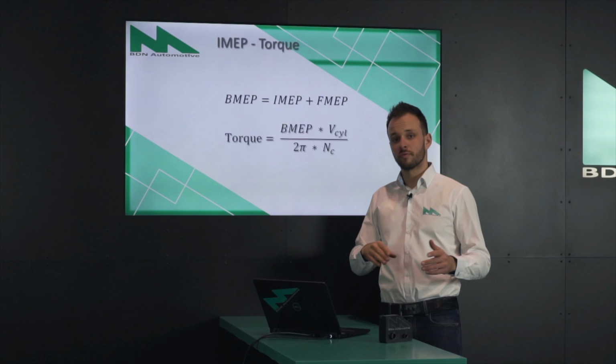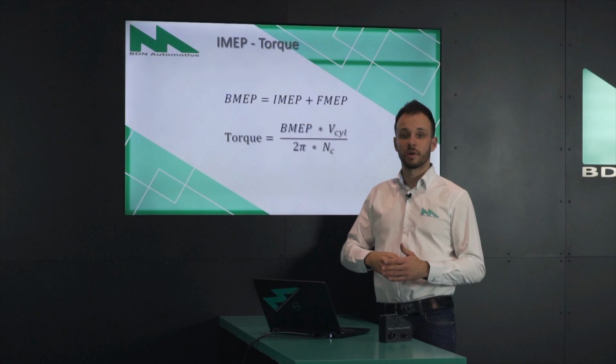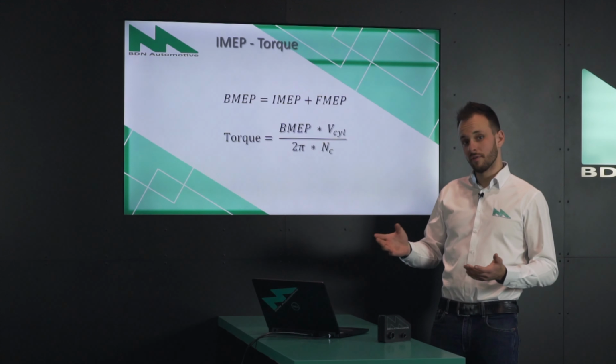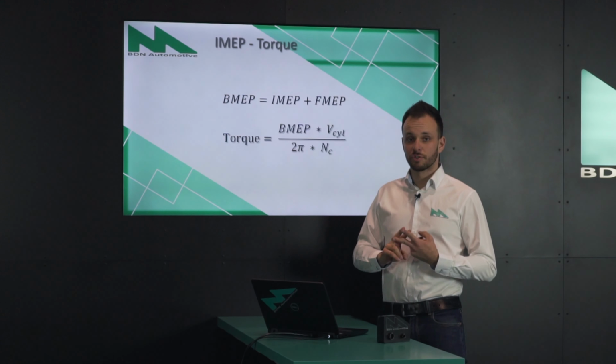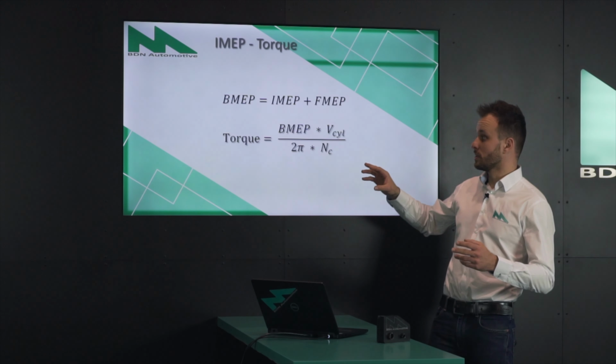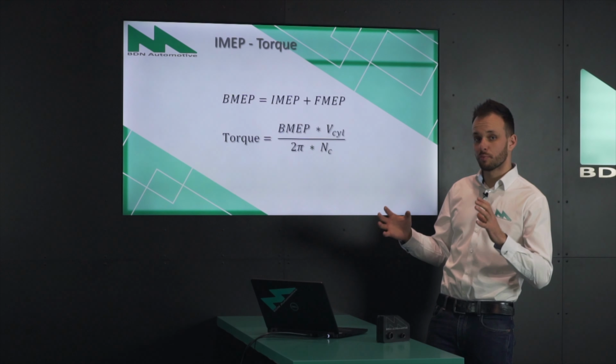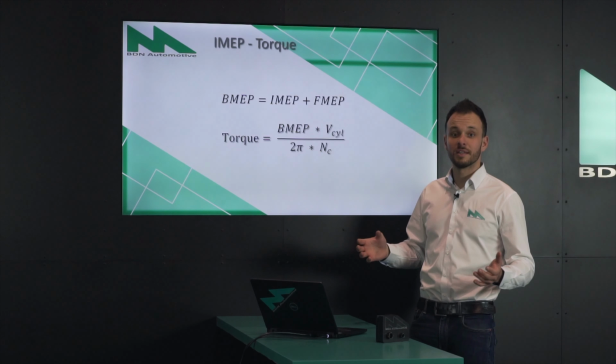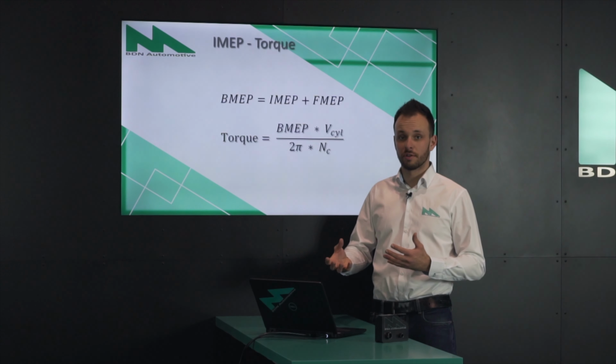NC is the number of revolutions needed for a combustion cycle, which for a 4-stroke engine is 2. So the reason why the torque and the IMEP curve look pretty much the same is that they are directly correlated to each other.